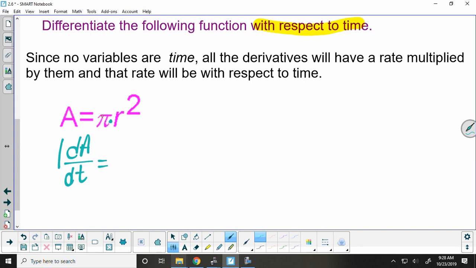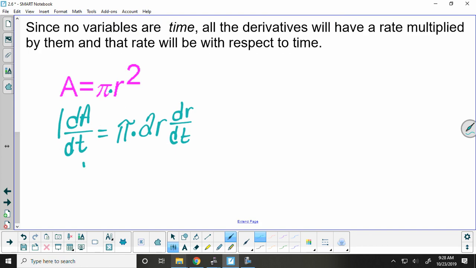Pi might look like a variable, but it's not. So this is going to be pi times, what's the derivative of r squared? What did you just do the derivative of? D r over dt. And that's as good as it gets. The derivative of area with respect to time is 2 pi r dr over dt.